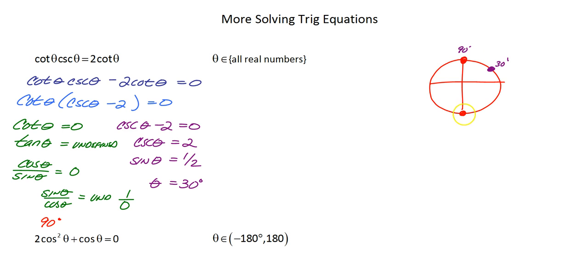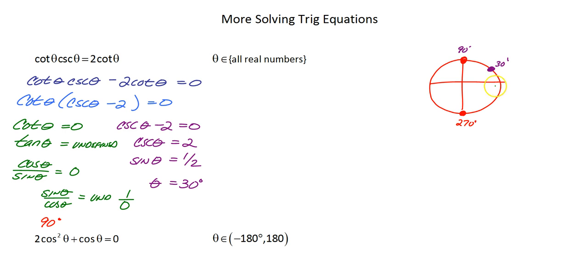It's also going to be the case down here, because when we divide by 0, that's going to give us undefined for tangent, and 0 over a negative 1 is still 0. So that would be 270 degrees. And it's also negative 90 degrees if you want to think about it that way.